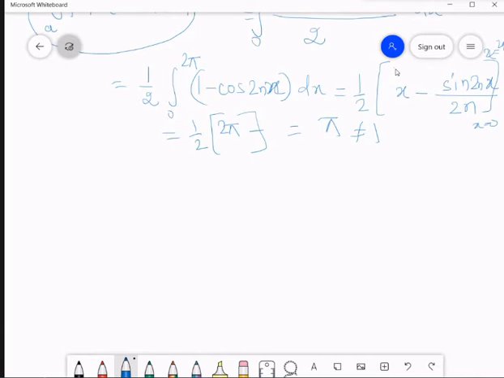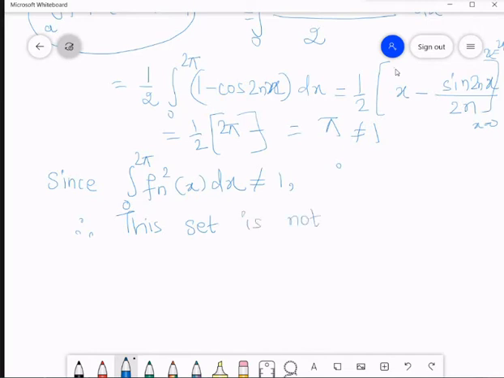Since the integral of f n square x dx from 0 to 2 pi is not equal to 1, therefore this set is not orthonormal.